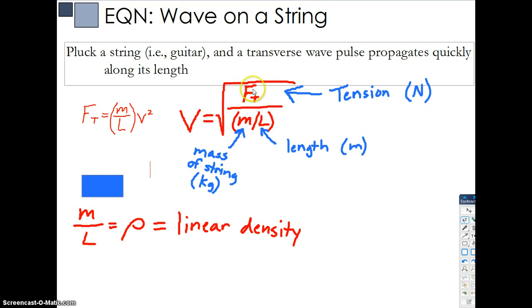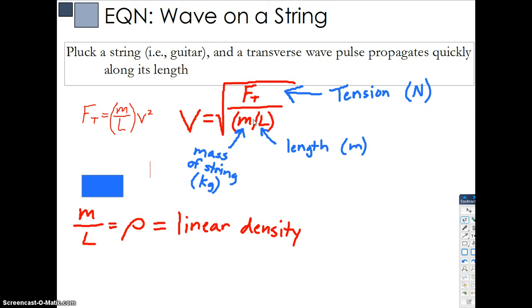This makes sense because if it's more tense, then each individual particle is more readily able to transfer the oscillation to the next particle. If it's more dense, it's got more inertia, so it's going to tend to vibrate more slowly and therefore propagate more slowly.